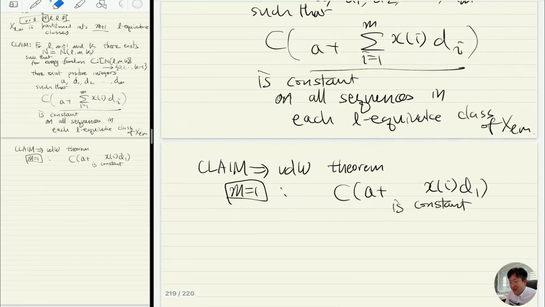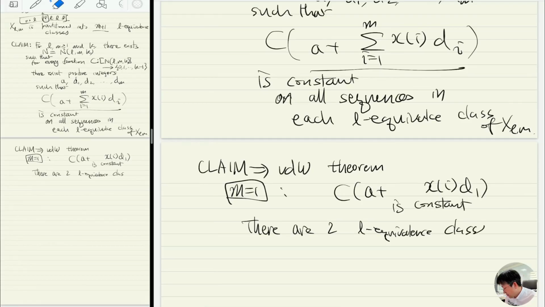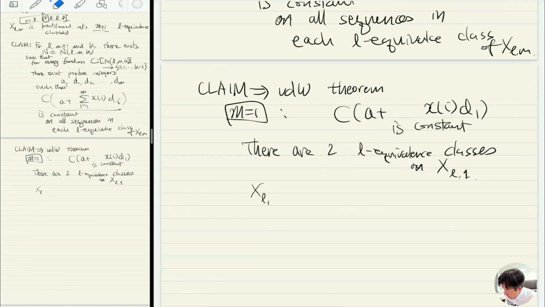But there are two L-equivalence classes on X_{L,1}. One consists of the sequences where you don't have any L. The sequence has length 1, so it's 0, 1, 2, up to L minus 1.